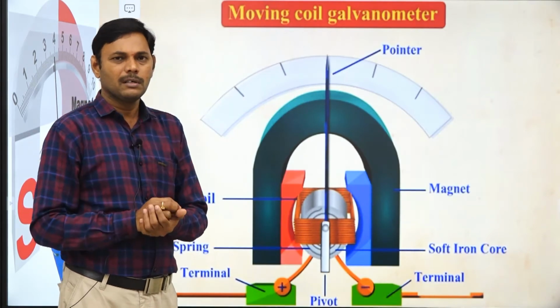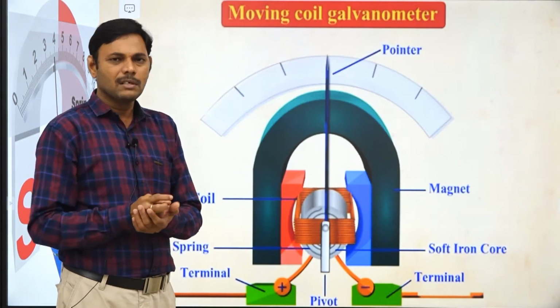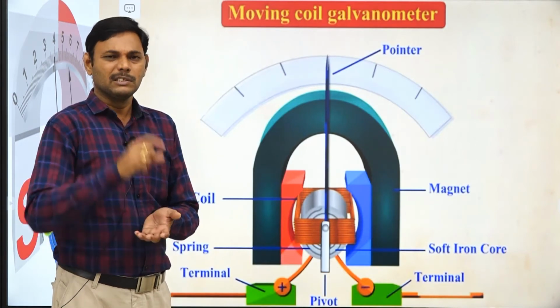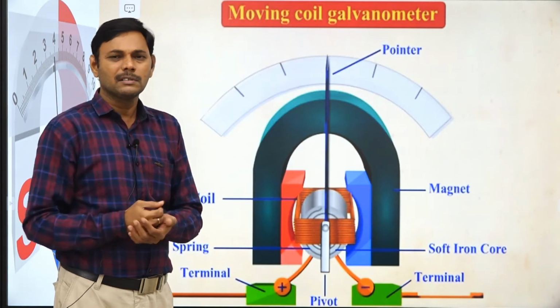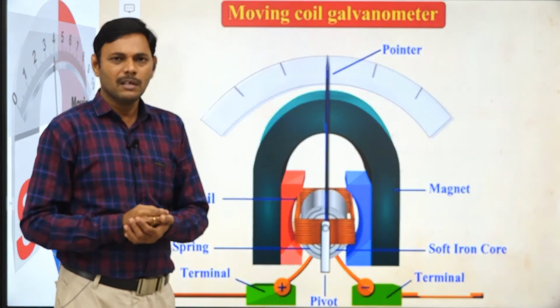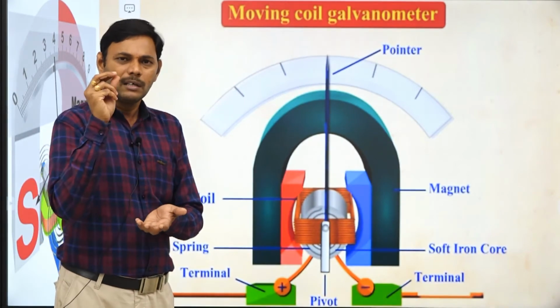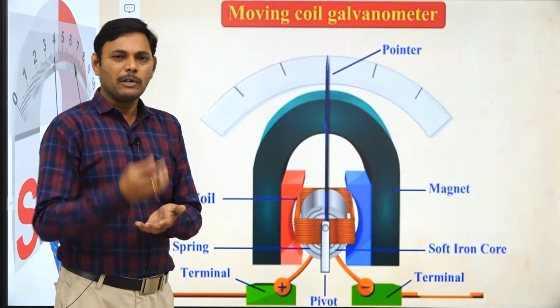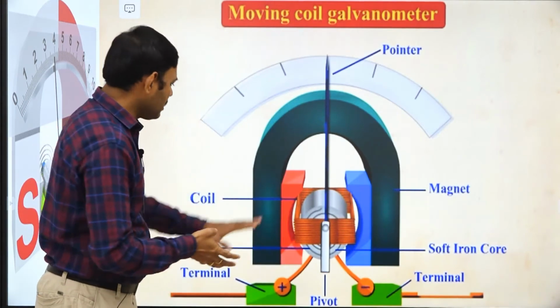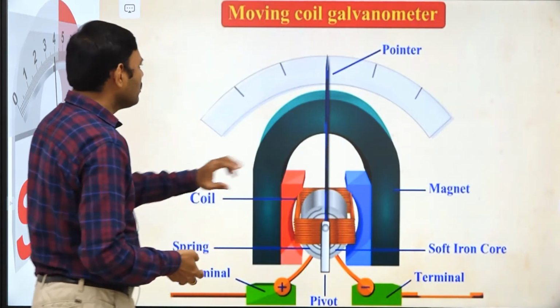This can measure current up to 10 power minus 9 amperes. It is a very sensitive device, used to find even very small currents passing through wires. The structure of the moving coil galvanometer is as explained in this video.